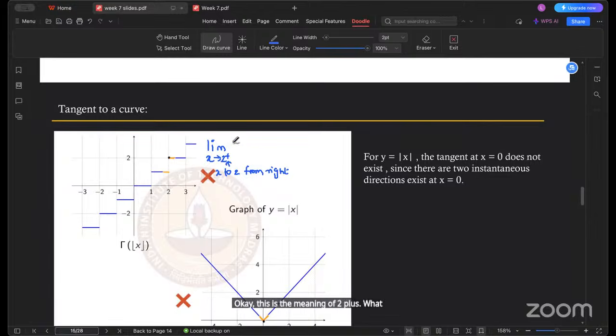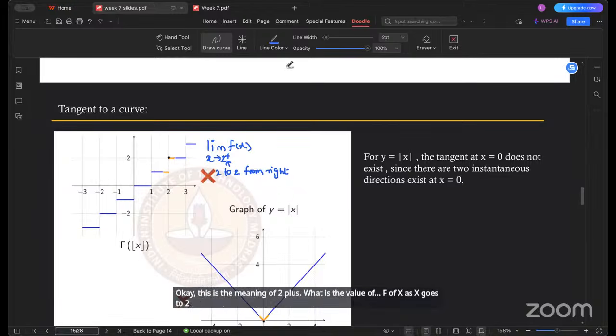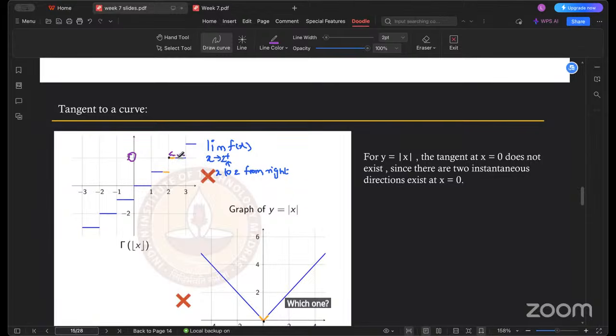What is the value of f of x as x goes to 2 plus? From the right, where is it approaching? Remember, always when you are talking about limits, we are looking at f of x, that is the y value. So the value is 2.